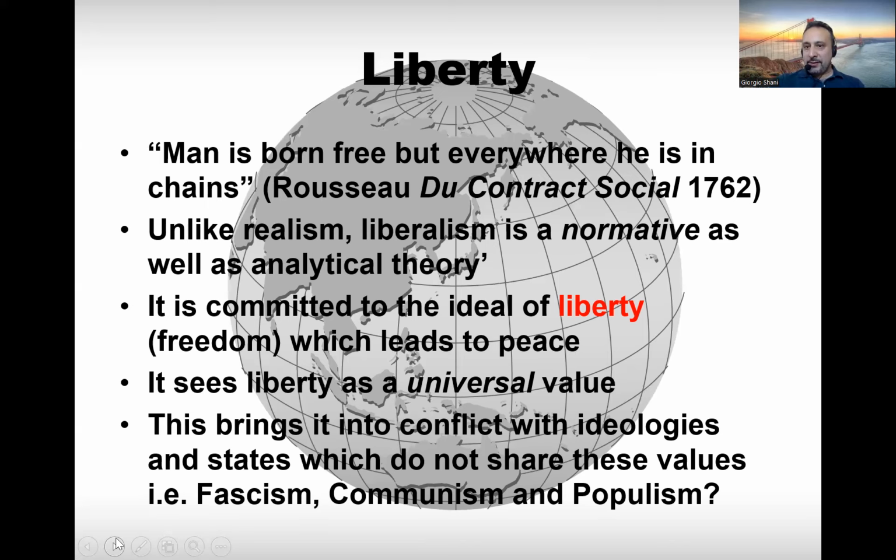However, it operates in an anarchical world in which there are other ideologies and where there are states which do not share these values. So how then does liberalism and how do liberal states engage with these states who have different values?